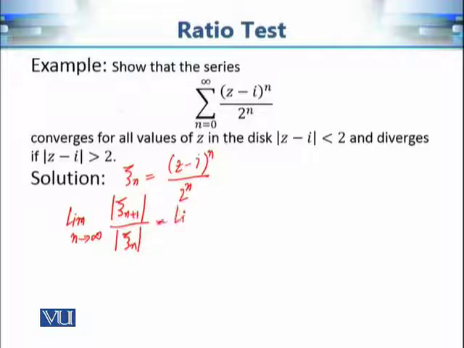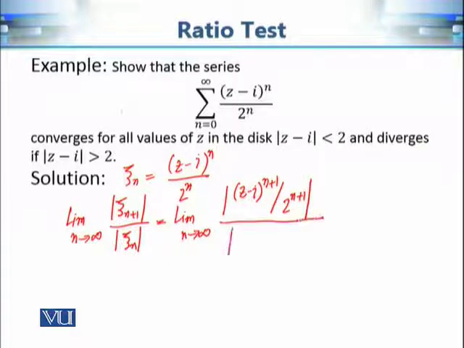So this is equal to the limit as n approaches infinity, where the (n plus 1) term is (z minus iota) raised to power n plus 1 divided by 2 raised to power n plus 1, and of course the modulus, divided by the modulus of (z minus iota) raised to power n divided by 2 raised to power n.